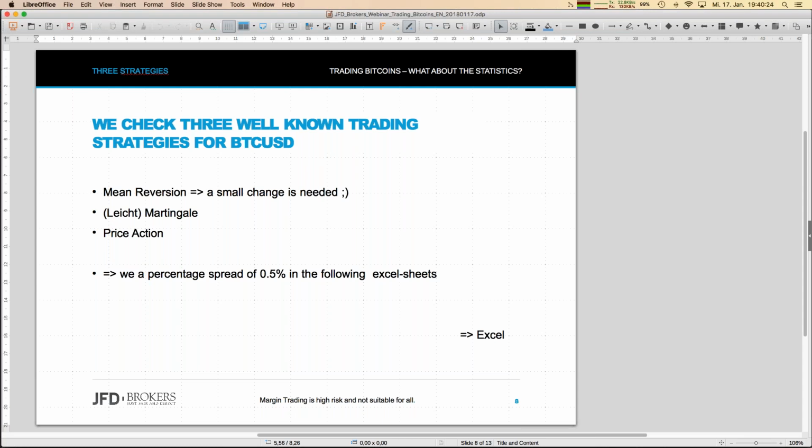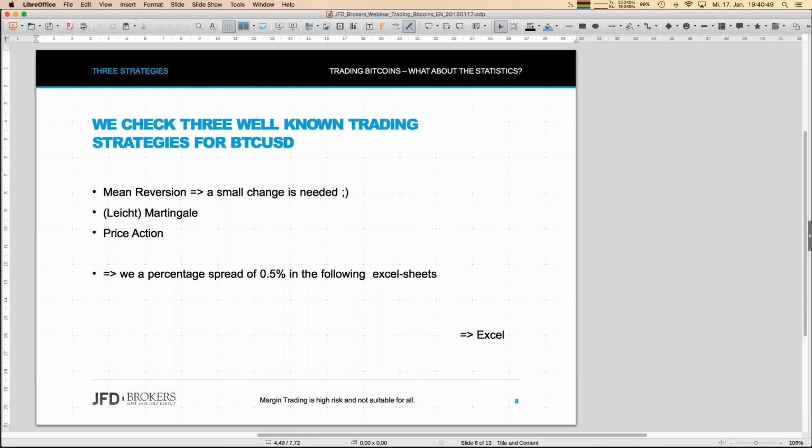And if you look a little bit closer at the charts of Bitcoins, then you know, no, that's not the way Bitcoins behave. Bitcoins tend to accelerate. They tend to move even further. So if Bitcoin breaks in one direction, then it will go in that direction a little bit longer.